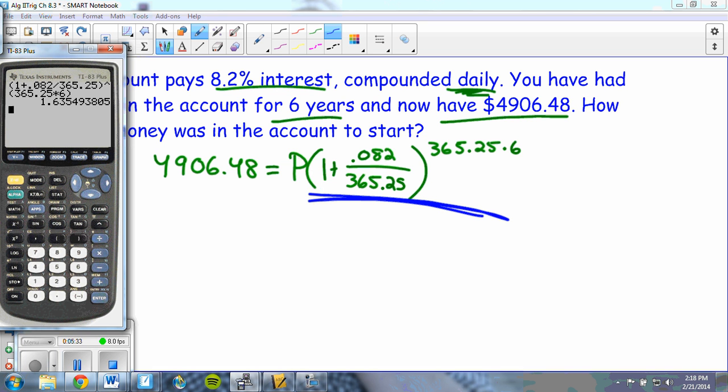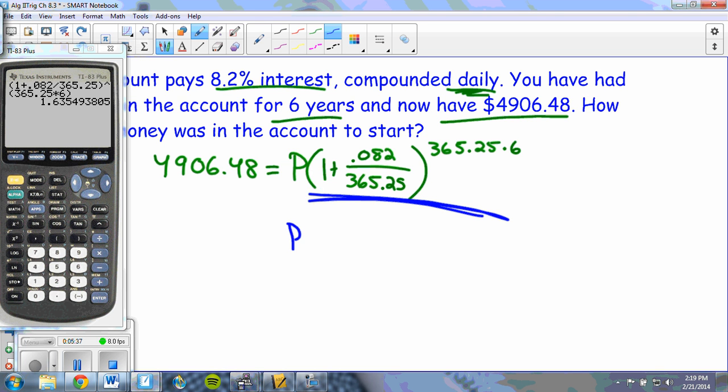It does. So this comes out to p times 1.63549, yada, yada, yada. You get the idea. I don't actually have to worry about all those decimals because my calculator is going to store this decimal value in it. So now I have this equation. I divide both sides by my 1.63 thing.